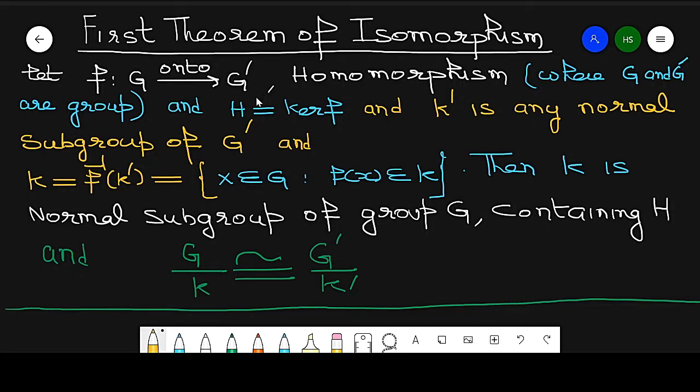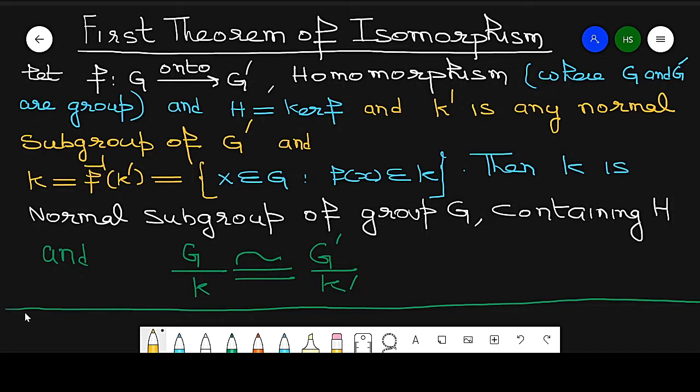Then K, which is f inverse of K dash, is a normal subgroup of group G containing H, and G by K is isomorphic to G dash by K dash.